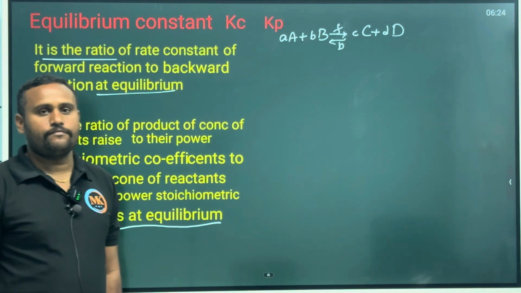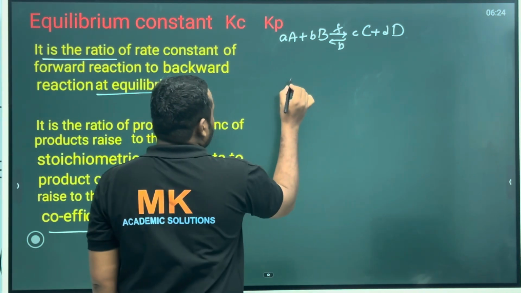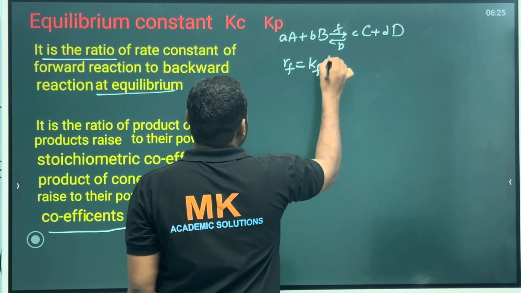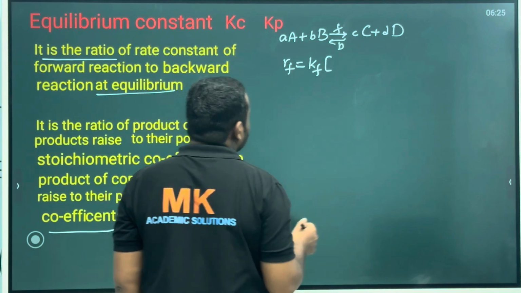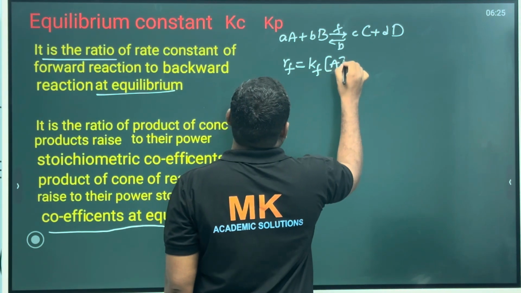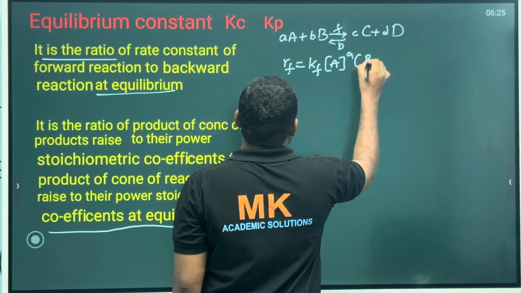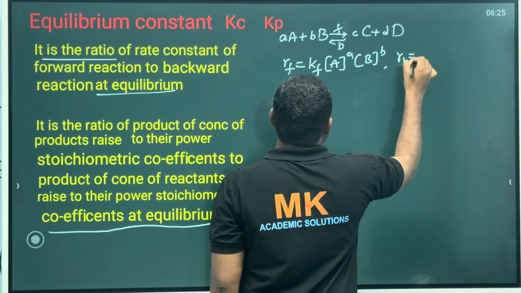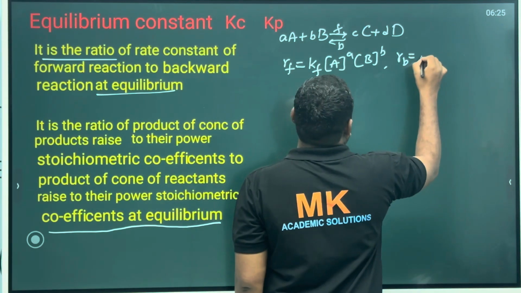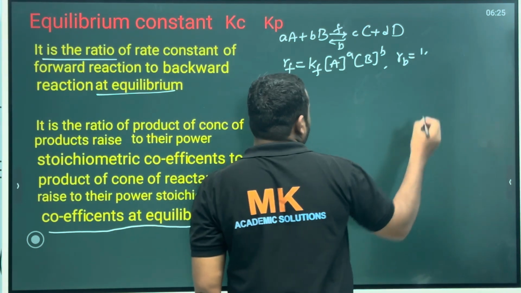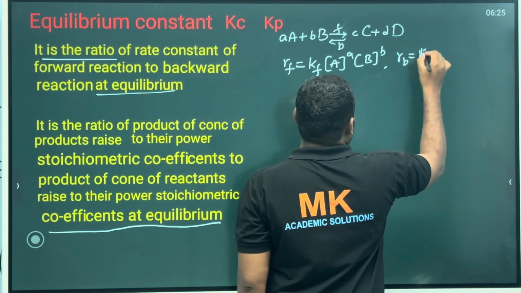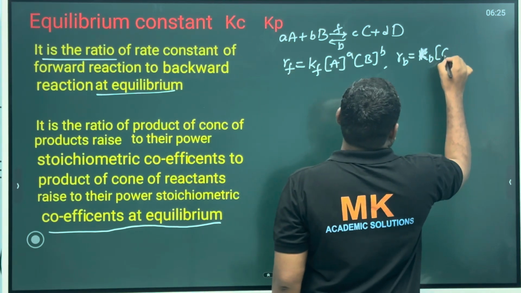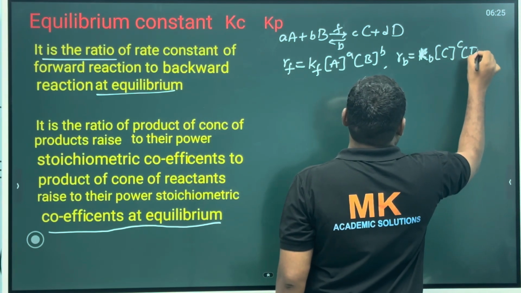So the rate of forward reaction is equal to Kf into concentration of A power a, concentration of B power b. The rate of backward reaction is equal to Kb into concentration of C power c and D power d, right?